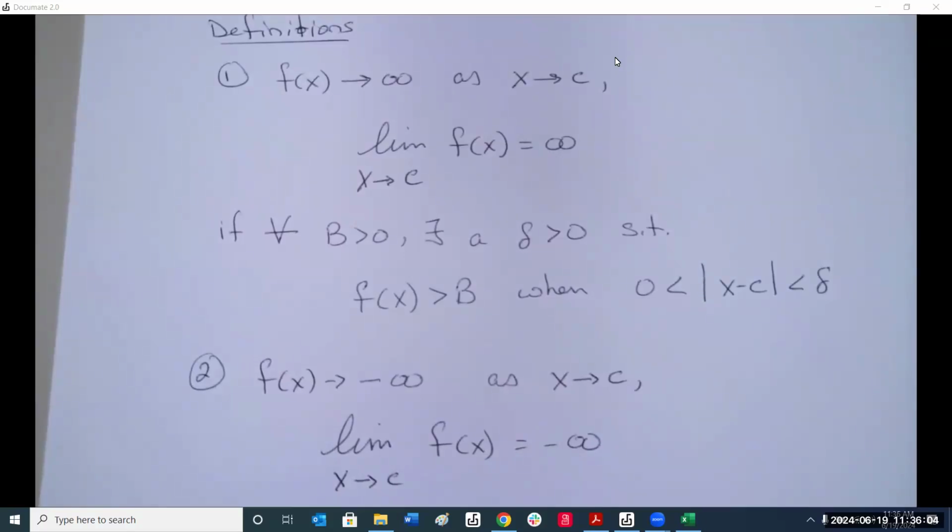We used to talk about as x goes to c, f of x gets closer to L, gets arbitrarily, infinitely close. That's what we used to.